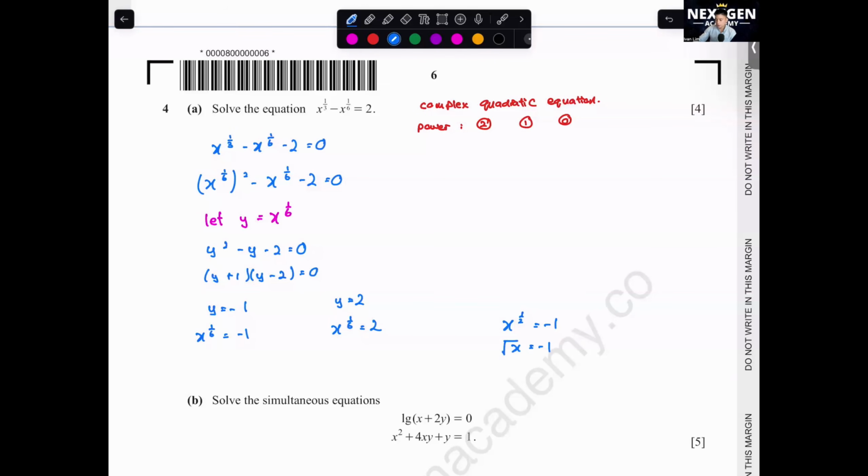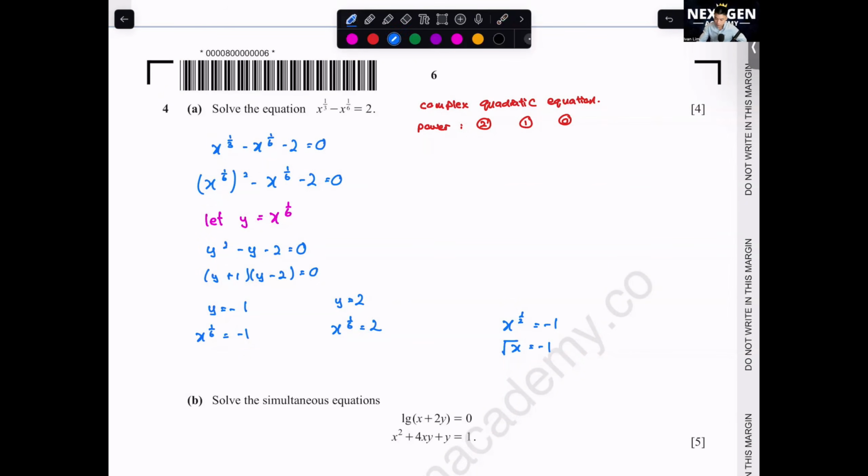If we never think further, we may say can, right? Because square root equals negative 1, I can bring the square root to the other side to become square. But what you need to remember is that for all even roots, you cannot get a negative value, because the result always needs to be a positive value.